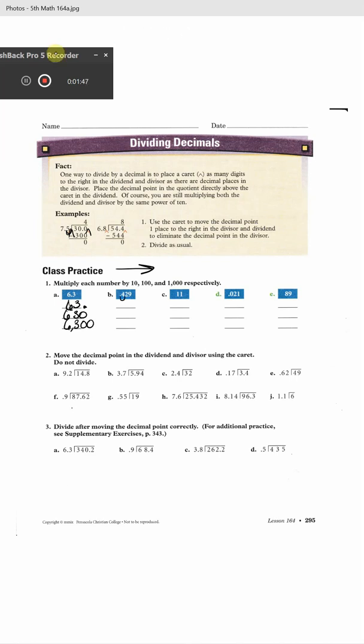Move it over once. 4.29 times 10, times 100 and times 1,000. 11 already has the decimal at the end, right? So if you move the decimal over, you're just adding a 0 for times 10, times 100, times 1,000.